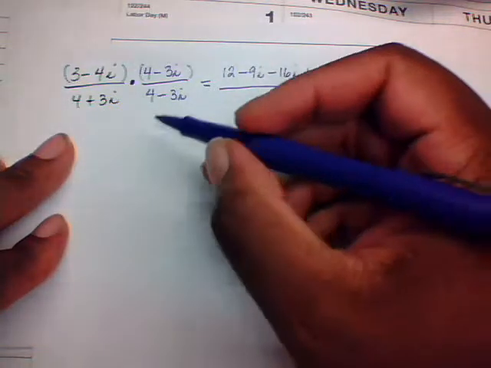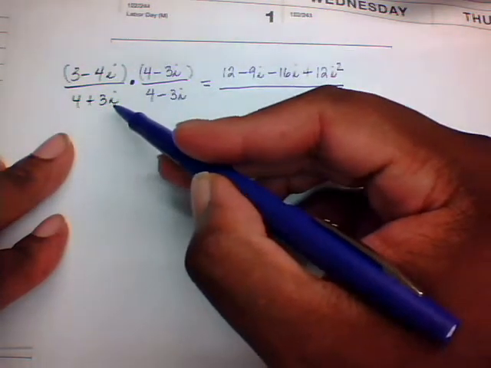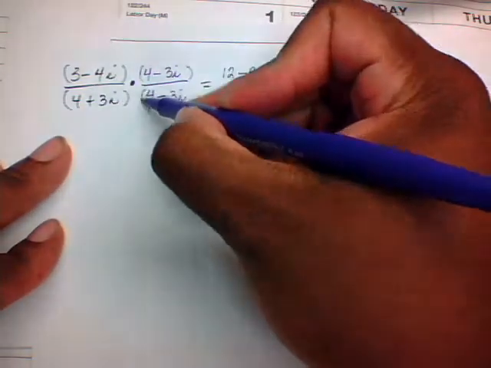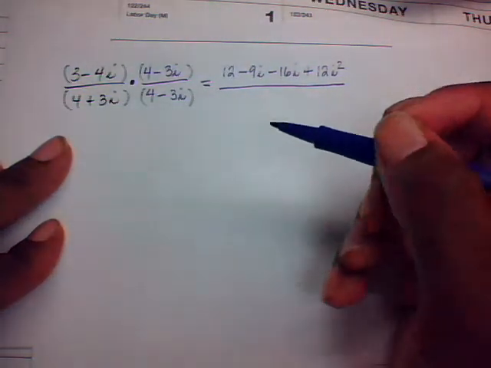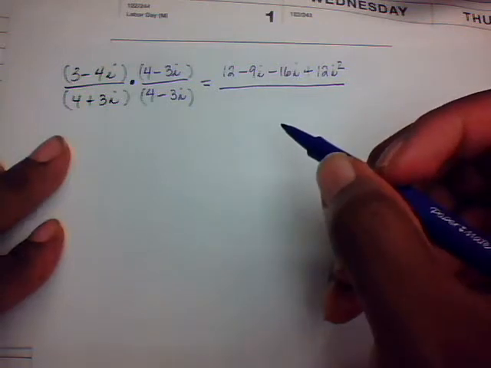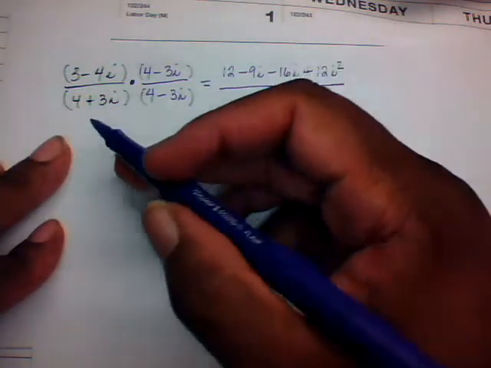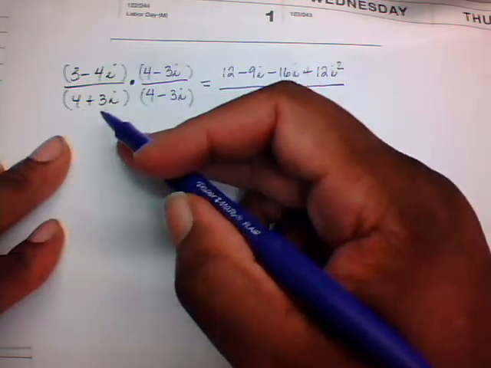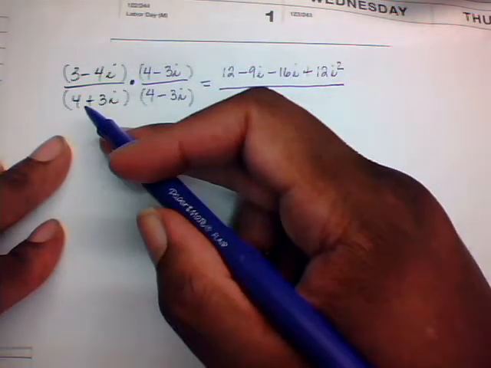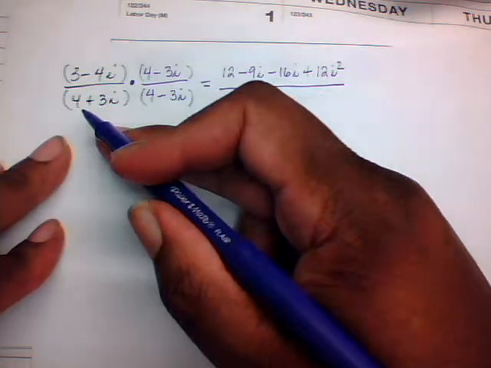the denominator. You got 4 plus 3i times 4 minus 3i. Those are complex conjugates. When you're multiplying those complex conjugates, you're going to get a real number. In this case, you can do the FOIL method, but the quick way to do that is to simply square the first term, which is your 4.